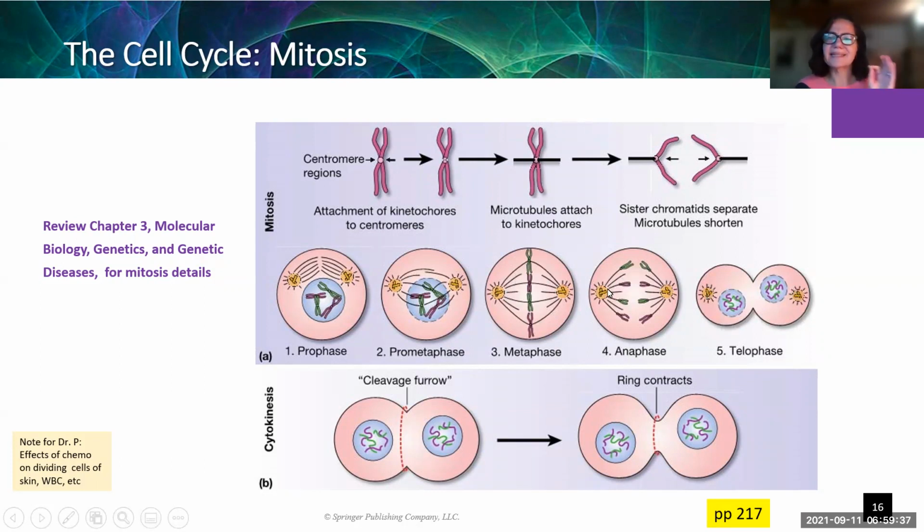That was an excellent target for cancer treatments. The downside is that it attacks every single cell in the body that's actively dividing. And so that's where so many of the side effects of chemotherapy come from.